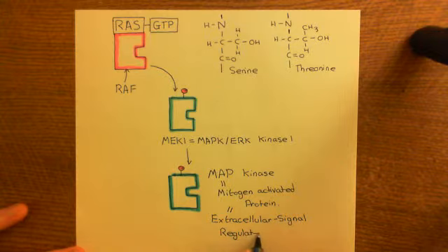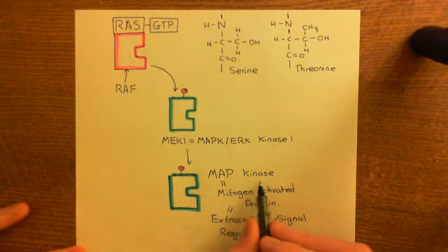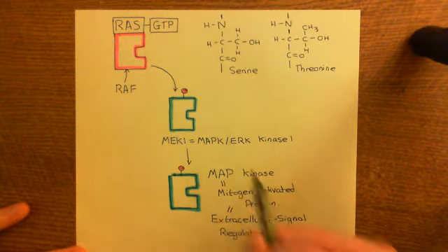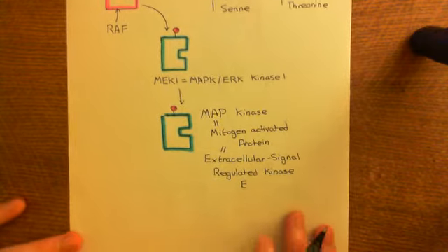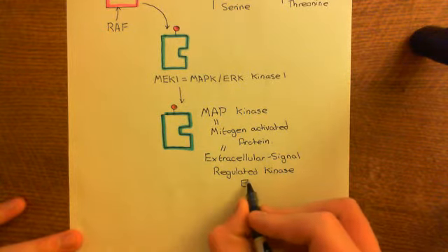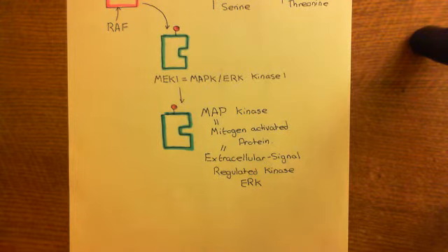So basically, MAPK is short for MAP kinase, and ERK is short for extracellular signal regulated kinase, and both of these names are still used for this same enzyme. And it's not just one enzyme, that's the thing.